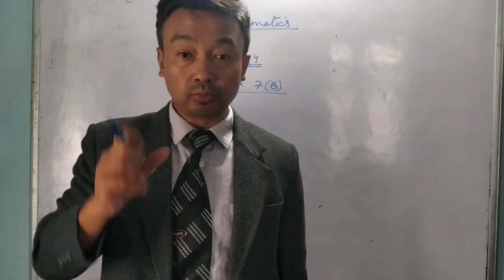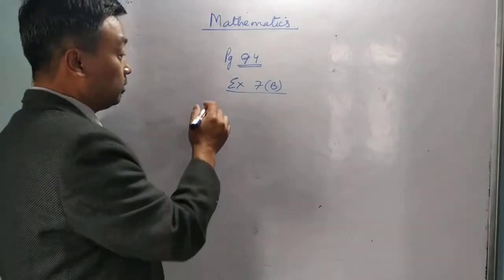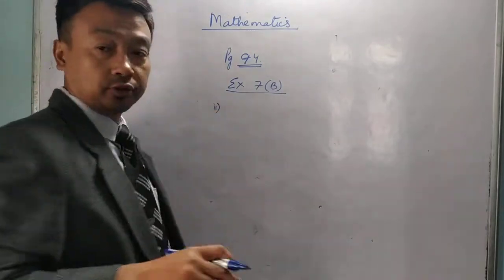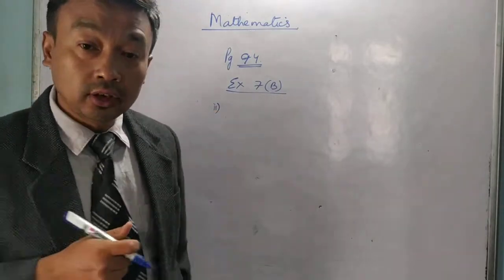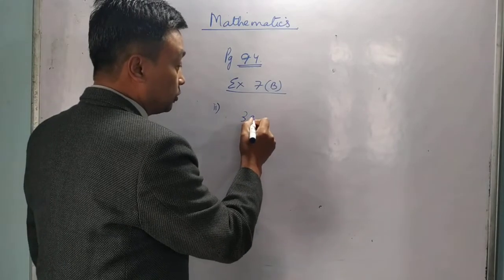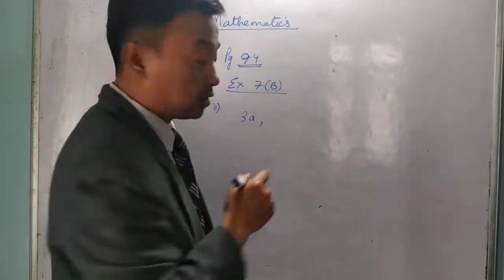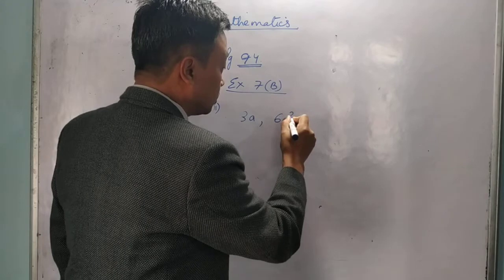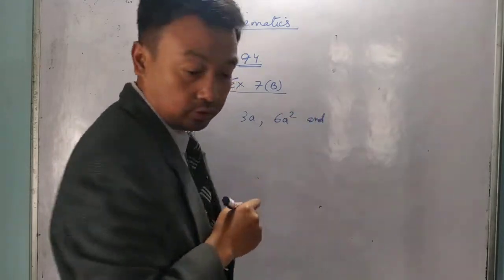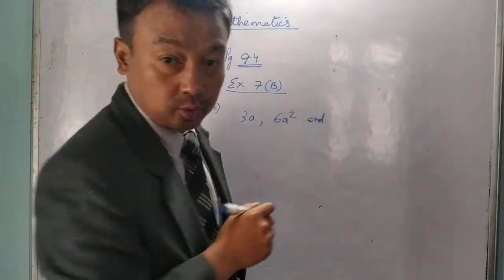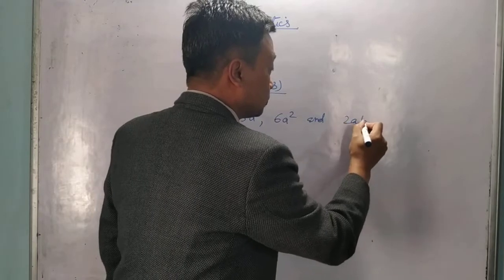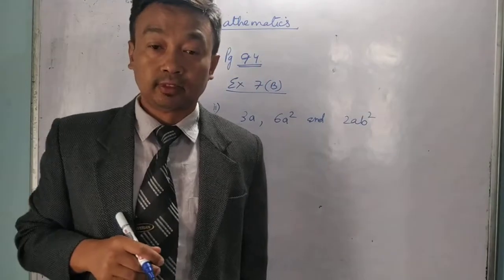Okay, and I will take the second question, which is given like this. Find the fourth proportion of 3a, 6a square and 2ab square. Okay.